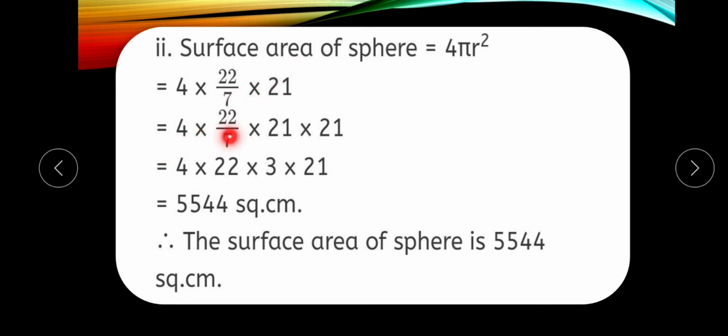That is 4 into 22 upon 7 into 21 into 21. 7 ones are 7, 7 threes are 21. We get 4 into 22 into 3 into 21. Solving this, we get 5544 square centimeter. Therefore, the surface area of the sphere is 5544 square centimeter with a radius of 21 centimeter.